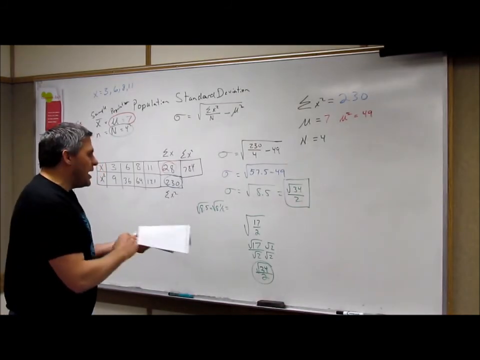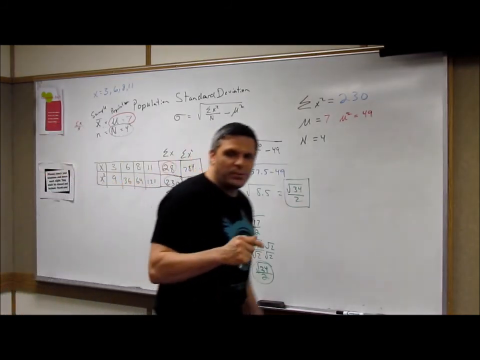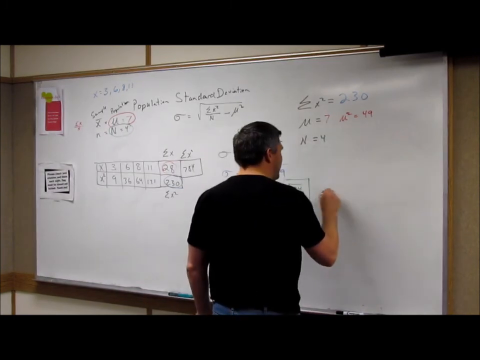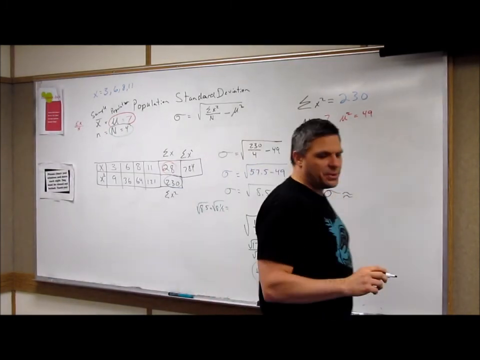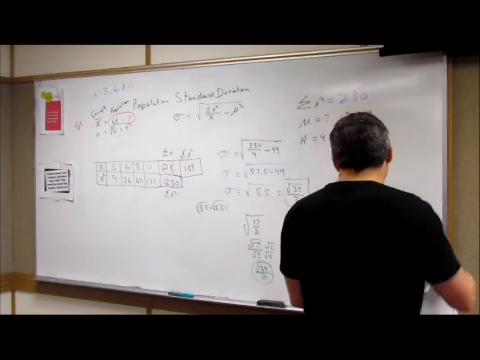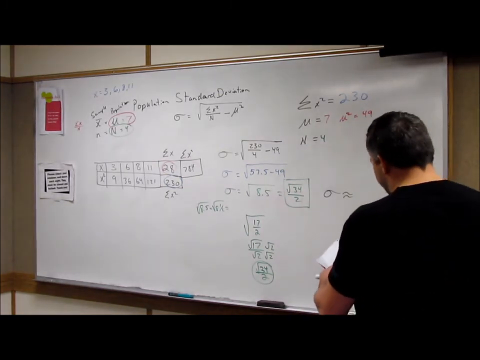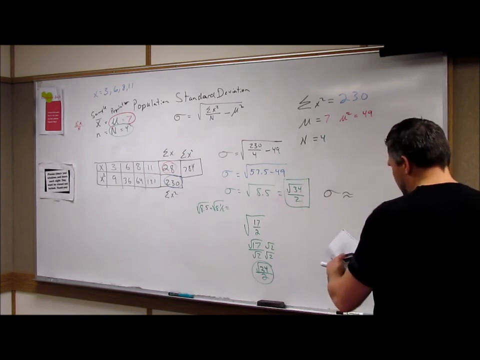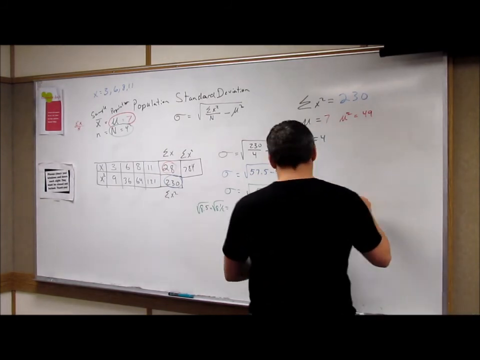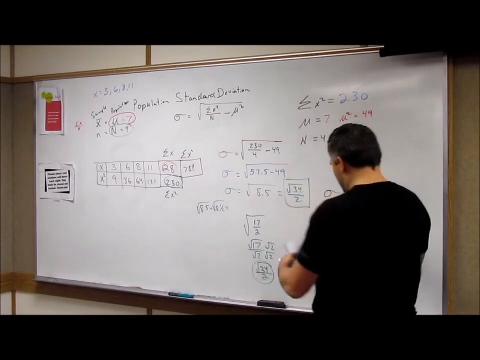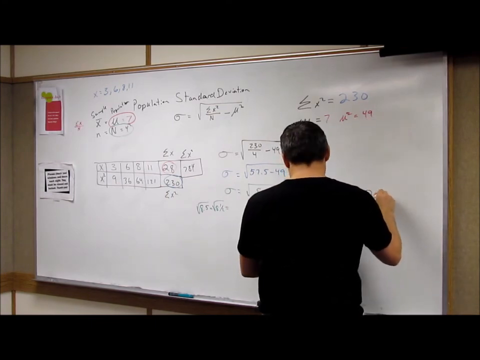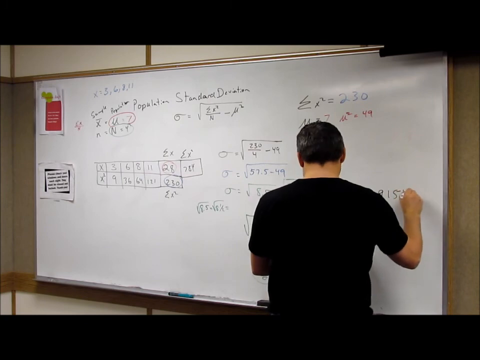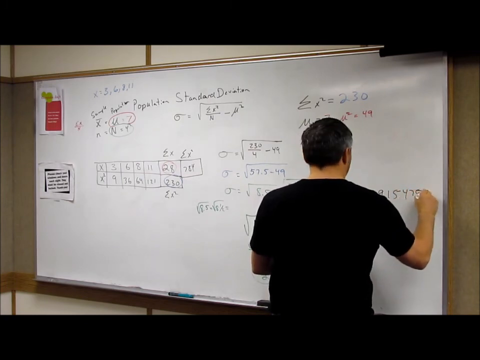And then what we want to do is find the approximate number. That's when you throw in your calculator the square root of 34 divided by 2, which equals 2.9154759.